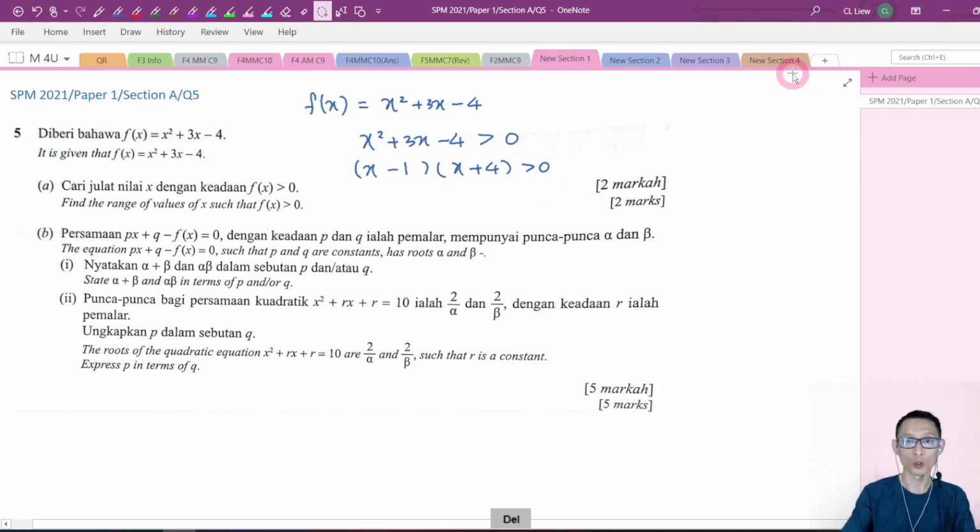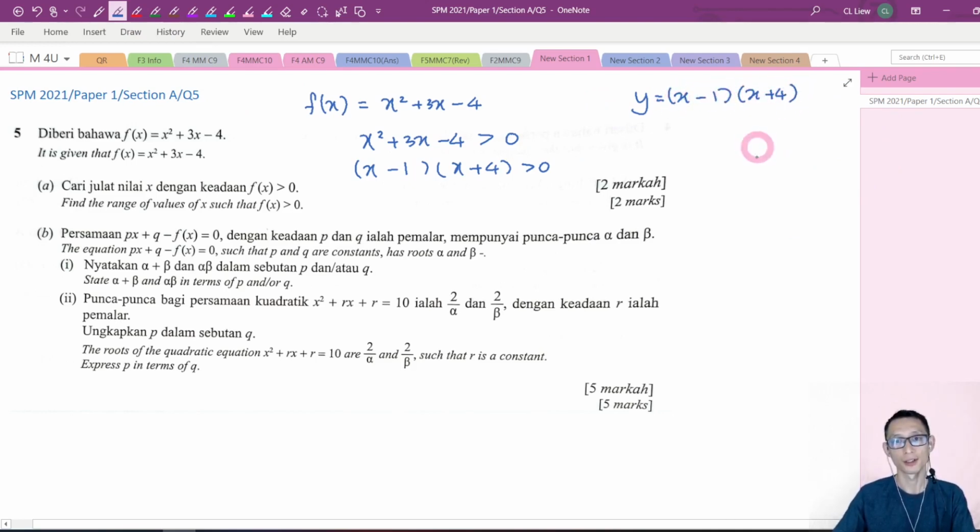So what I'm going to do next is to sketch a graph for this function. I know that the shape of the graph is a quadratic graph, a parabola, right? A smiling face. Now I'm going to find the two values here.